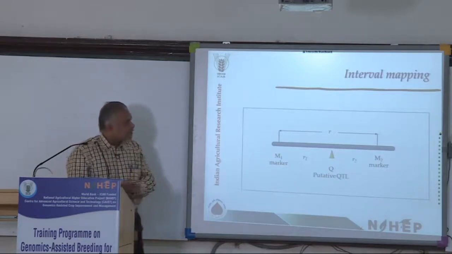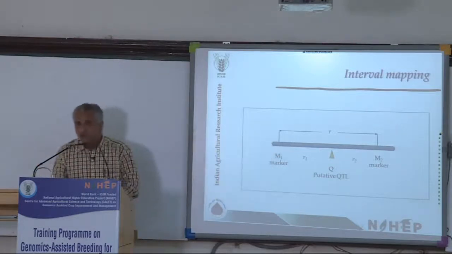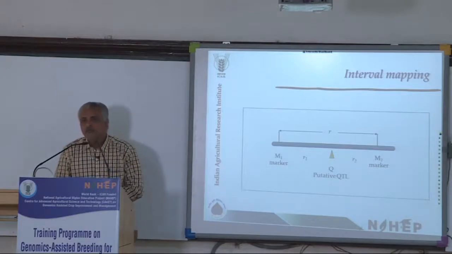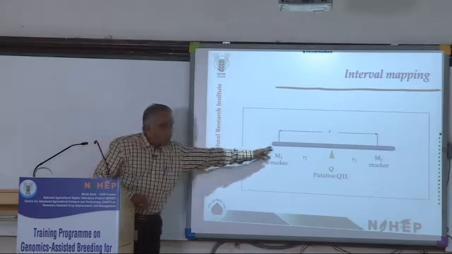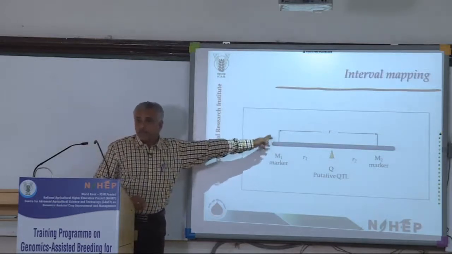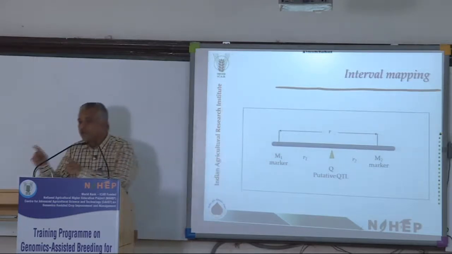For example, if these two markers are 10 centimorgan apart, by the maximum likelihood method, you will be able to estimate the probabilities of the maximum likelihood for every 2 centimorgan distance.